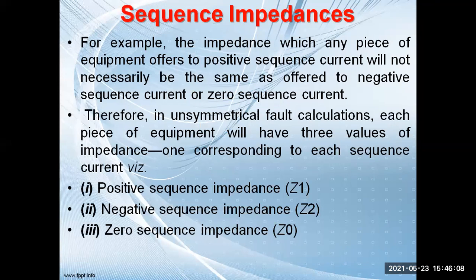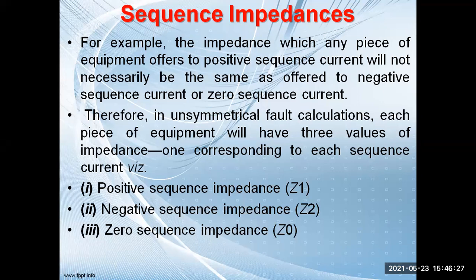We have understood how to calculate all the sequence component currents. We know how to calculate all the sequence component voltages. Now the point will come: what are the sequence impedances? That has to be known clearly.